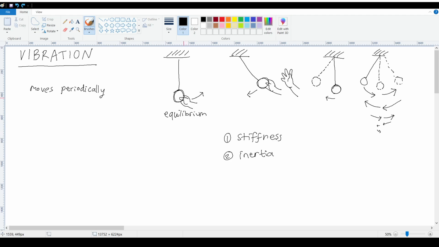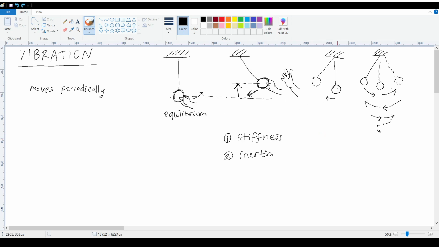It happens in the first part of the vibration. When this mass is moved to this position, so it has this displacement, this mass wants to get back to the equilibrium position. This is when the stiffness works.